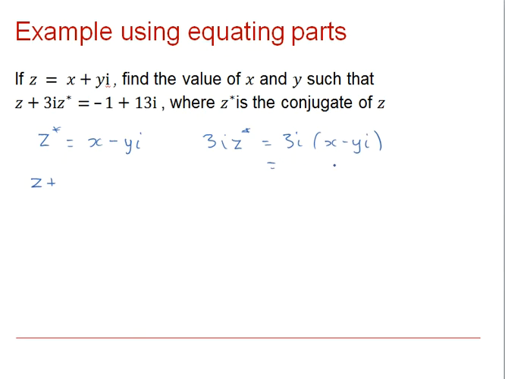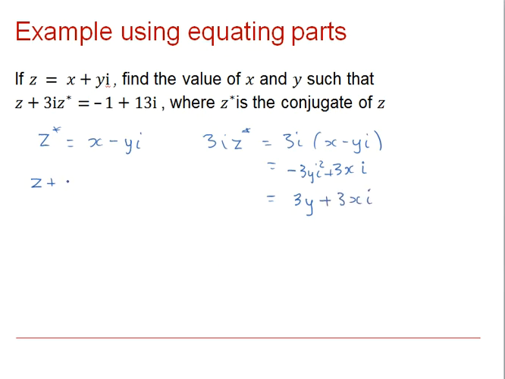You can see that that's going to be 3xi, just to put the i at the end, and then we've got, let me write it as minus 3yi squared, but then we do know that that of course is going to be plus 3y because the minus i squared will be plus 1.